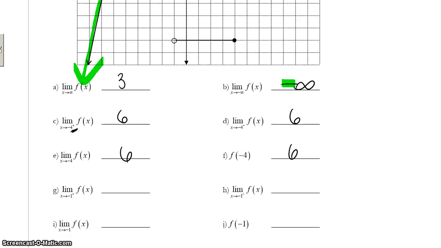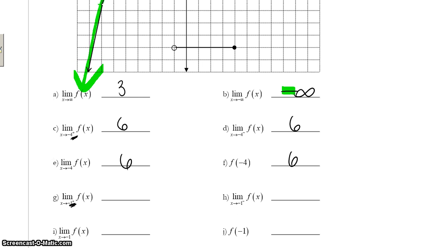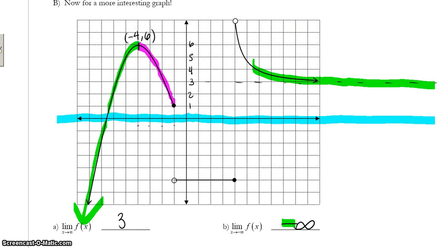Our next one says the limit as x approaches negative 1 from the right side, f of x approaches, so let's see, so here's negative 1. Let's use a different color.